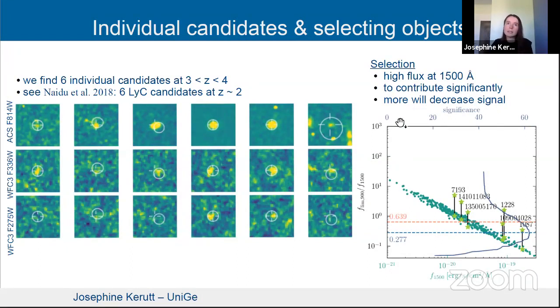So basically, the argument is if the object is already very faint in the UV continuum or even undetected, which we have lots of objects in MUSE, as I said, then it will also not be able to contribute to the Lyman continuum and only add noise. So I'm having 60 objects here for my sample to stack.